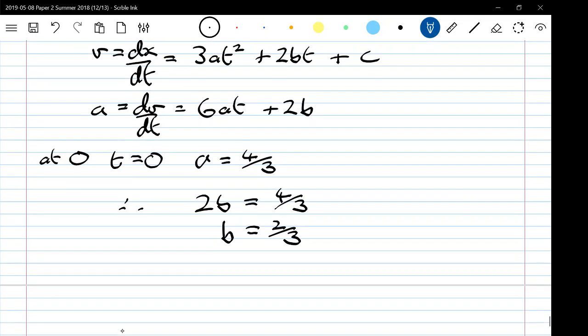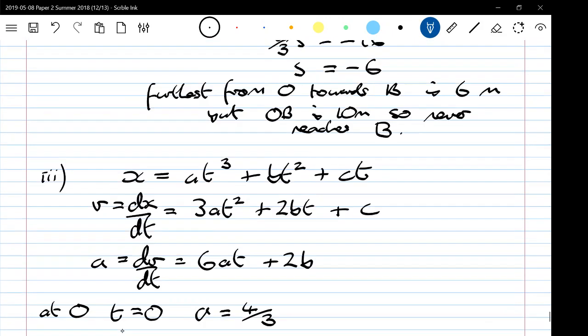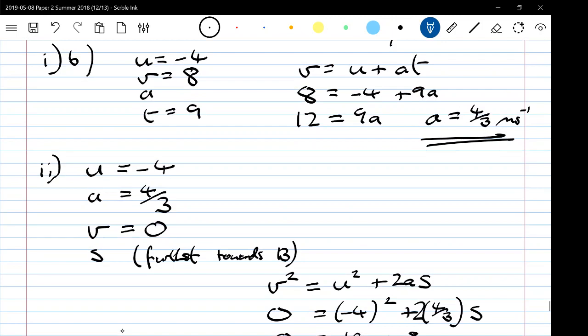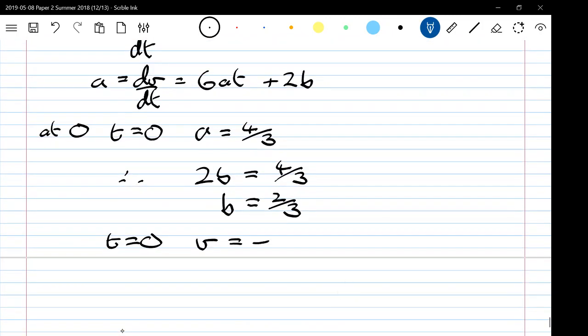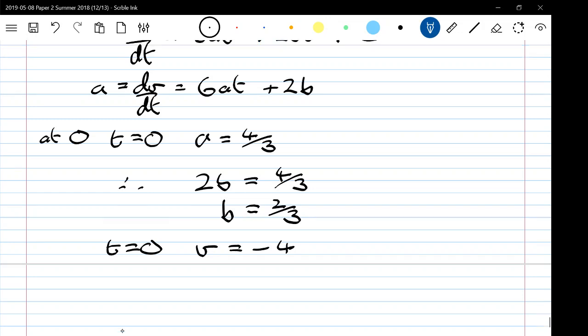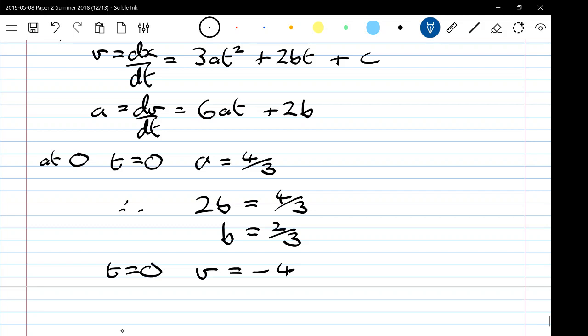We're also told that when t equals 0, the velocity, what was our start velocity then? The velocity was -4 at the beginning of everything. So v equals -4. So that means that c is equal to -4. Okay, so we're piecing together what this equation is looking like.